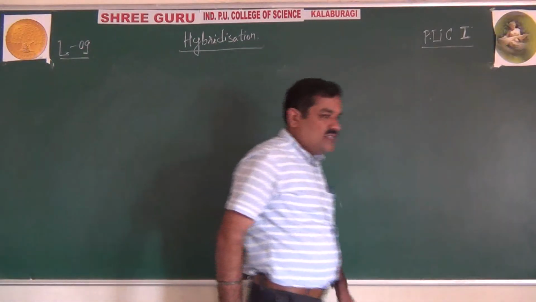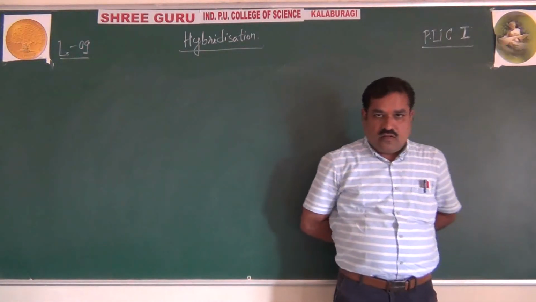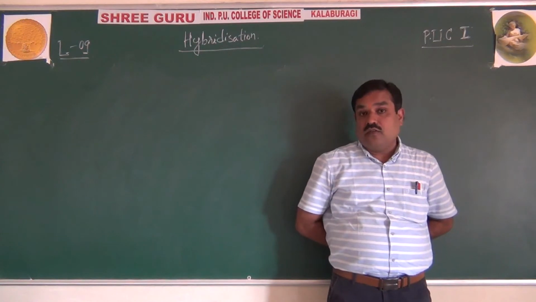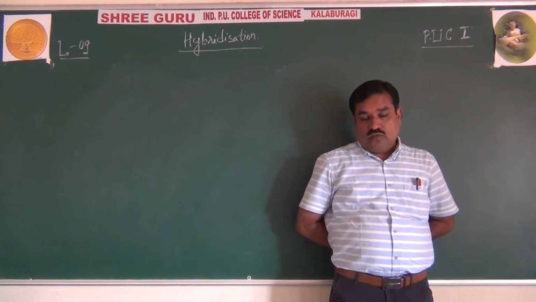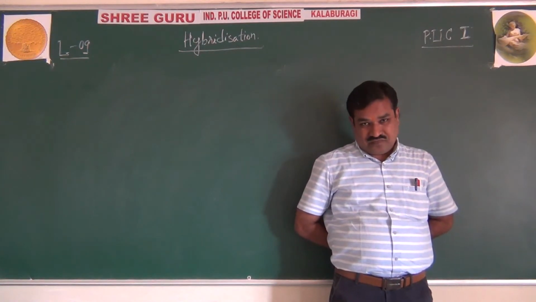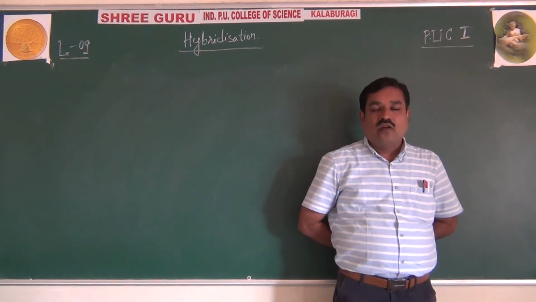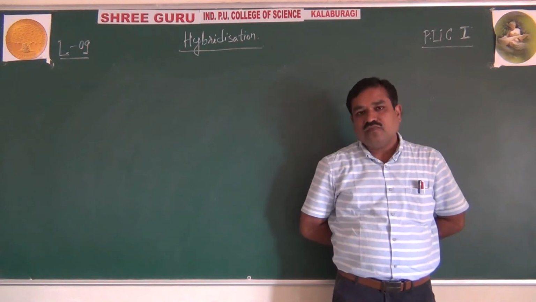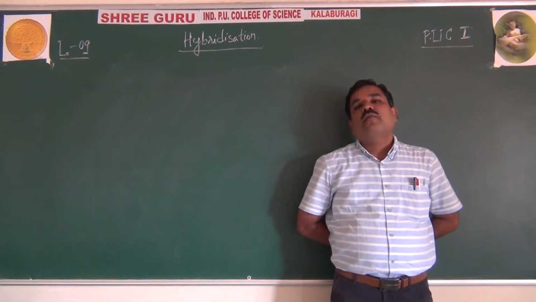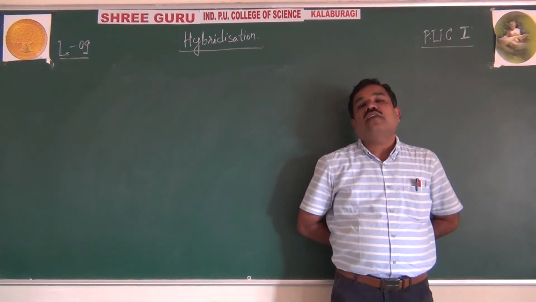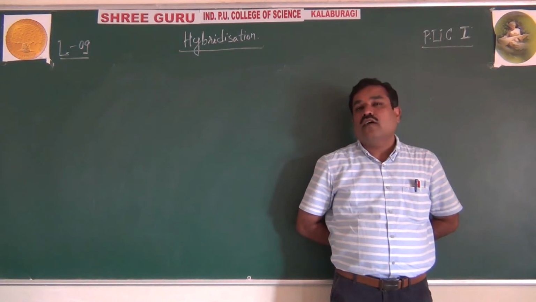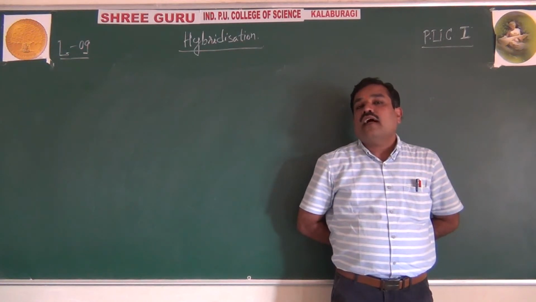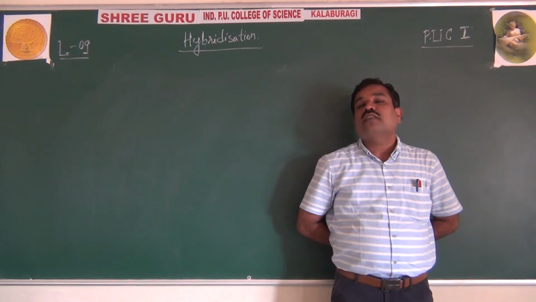What is hybridization? To know this hybridization, compulsorily you have to go through valence bond theory. Now hybridization is nothing but it is a process of mixing up of atomic orbitals of slightly different energy or similar energy.